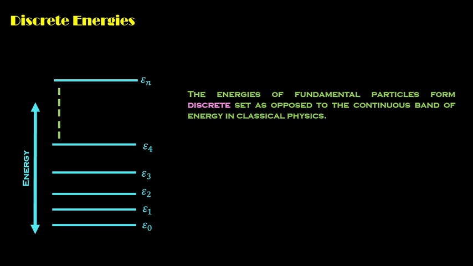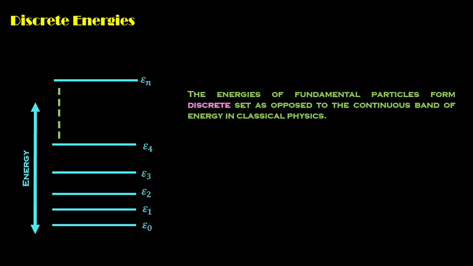And there is a certain highest energy that is occupied by the particles and no higher energies are occupied. So this is the pattern in which the particles occupy various energy states. So this is the statistical distribution of energy states by the particles.